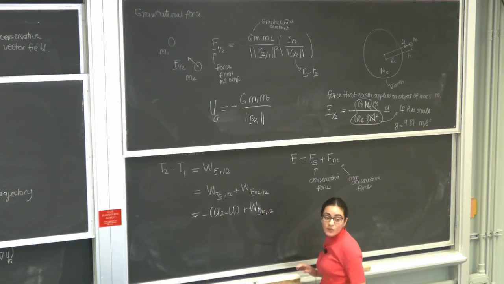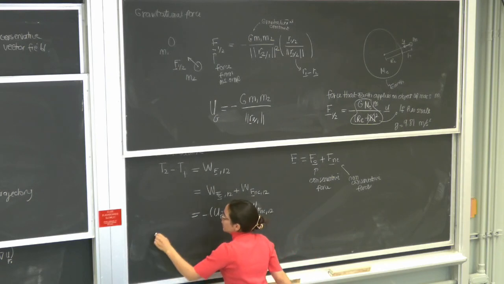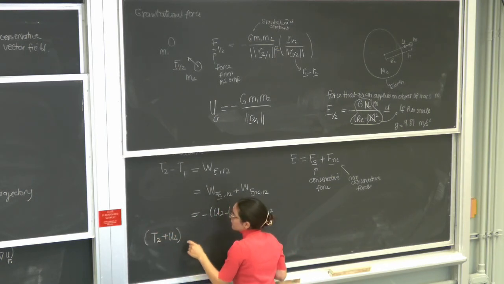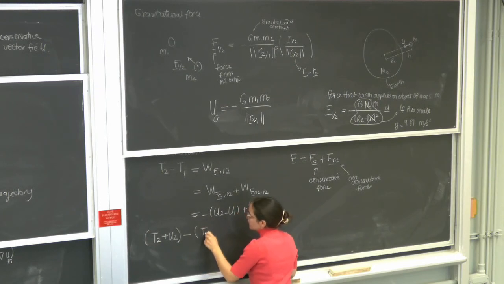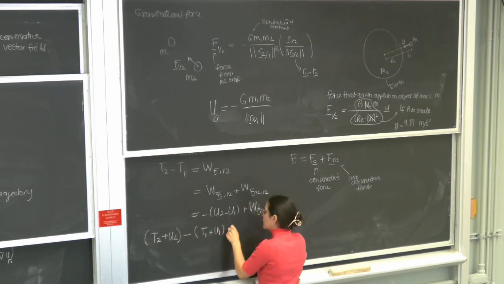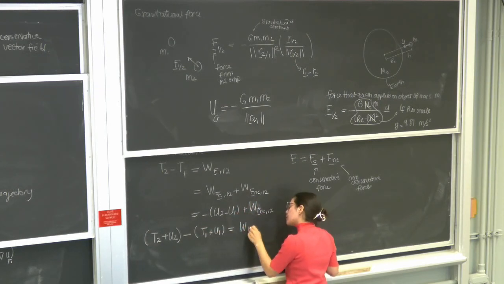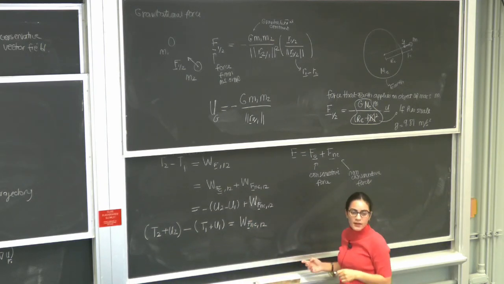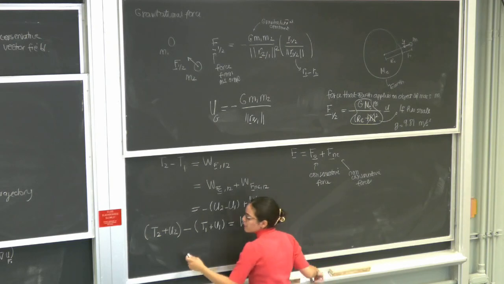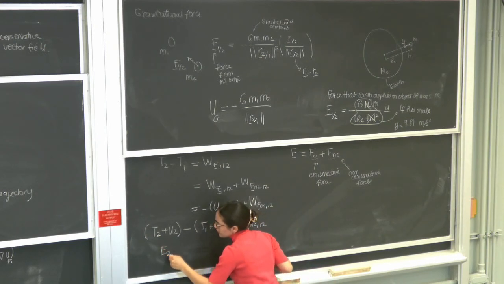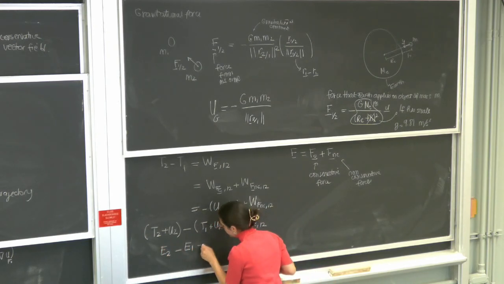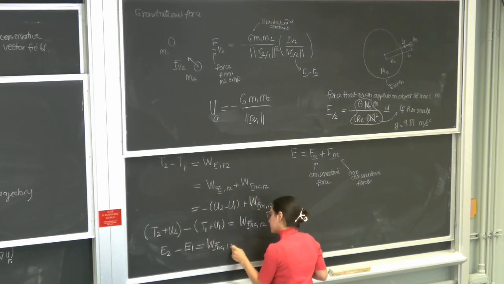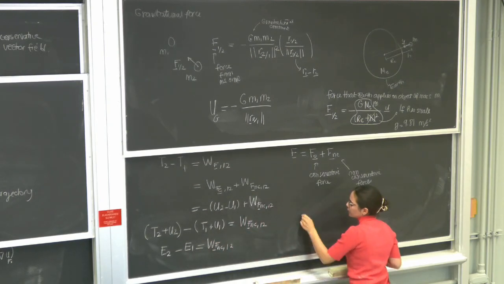Okay, I'll do some rearranging now. I'll get T2 plus U2 minus T1 plus U1 is equal to the work of the non-conservative forces between T1 and T2. And I'll call this T plus U, I'm going to call it E. So E is the total mechanical energy.